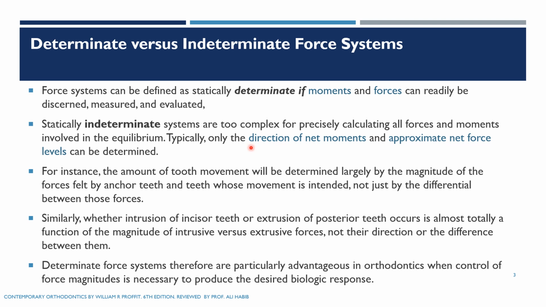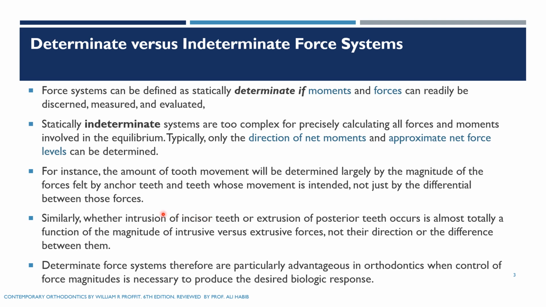In such a force system, you can tell the direction of the net movement and the approximate net force. However, the magnitude of tooth movement felt by the anchor teeth and the teeth to be moved, which are the anterior teeth, for example, is difficult to determine. That's why we call it an indeterminate system.